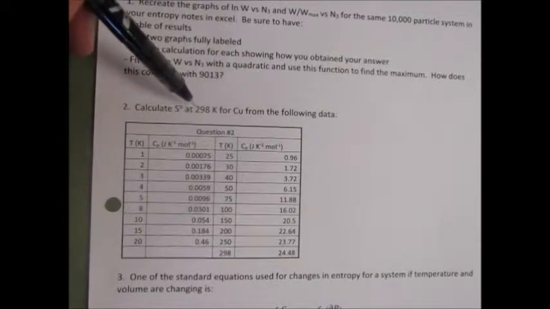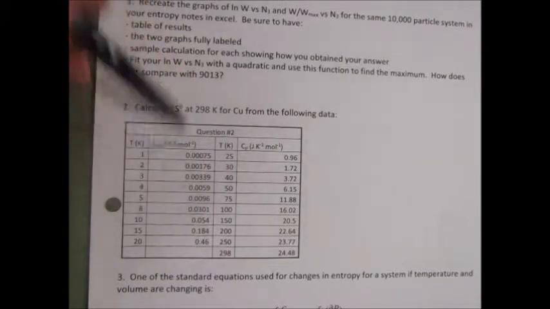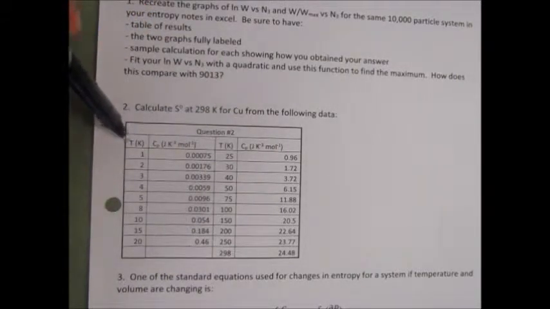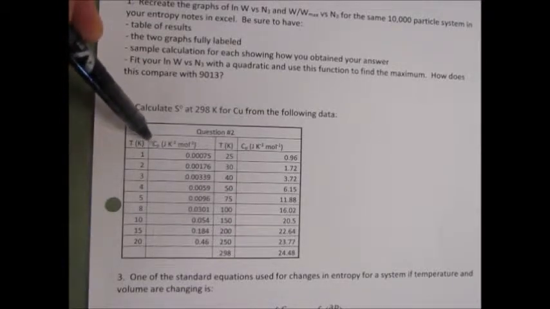So fair enough. We're supposed to use this data collected of copper, and the data looks like at different temperatures they have measured the heat capacity, and the subscript P means they've experimentally recorded the heat capacity at constant pressure.